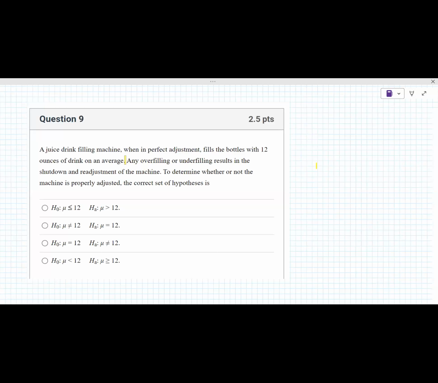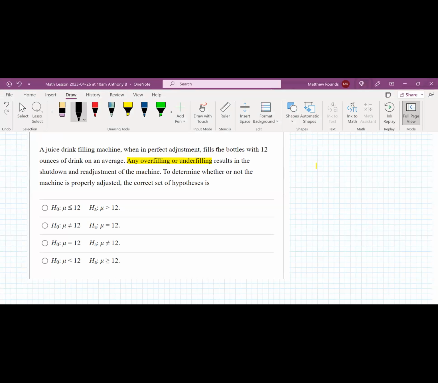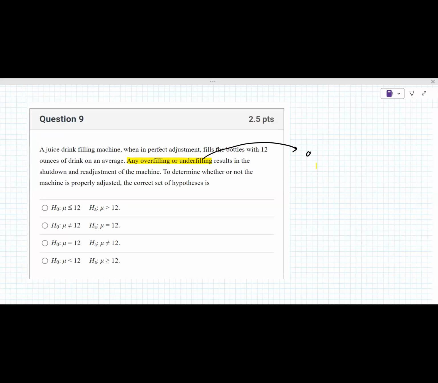So here's what they're talking about. They're saying it's only a problem if it's overfilled or underfilled. So overfilled means more, underfilled means less. Since they're both there, the interpretation here is that this means different. Okay. So you're looking for the alternative hypothesis.